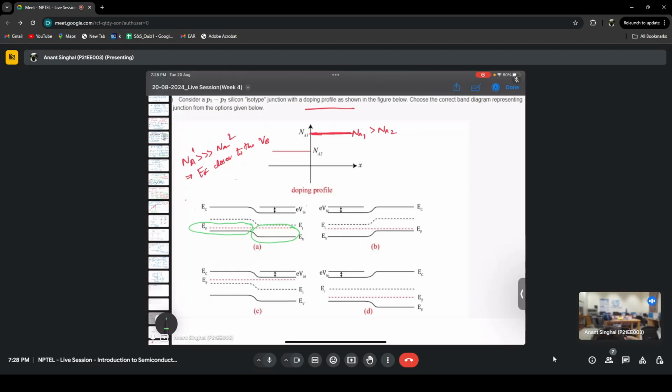That means both of them are p-type, right? Please respond. Yes, sir. And whichever is closer to the valence band is having a higher doping. So this is closer, so this is p plus plus. This is p minus. Right? Does it make sense?